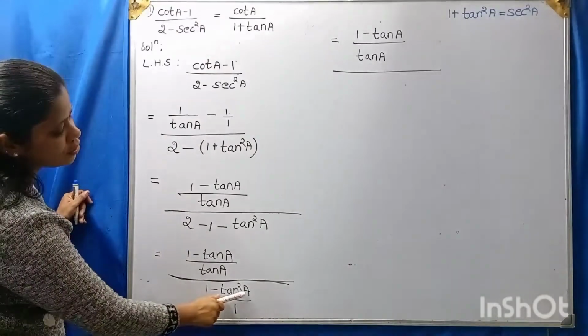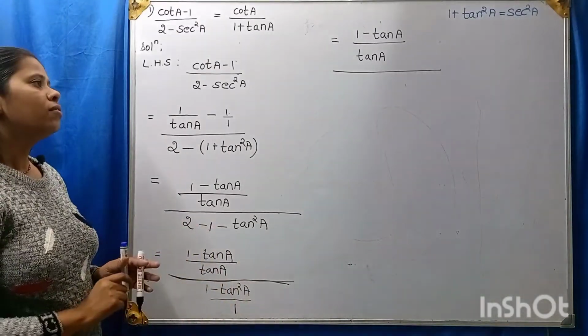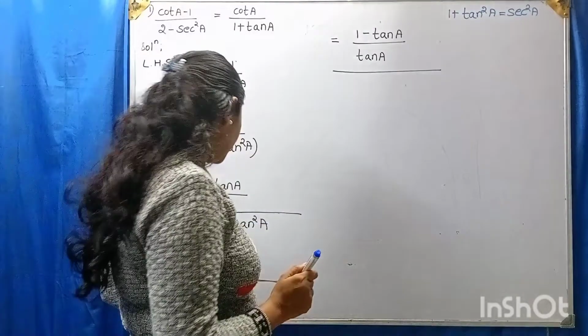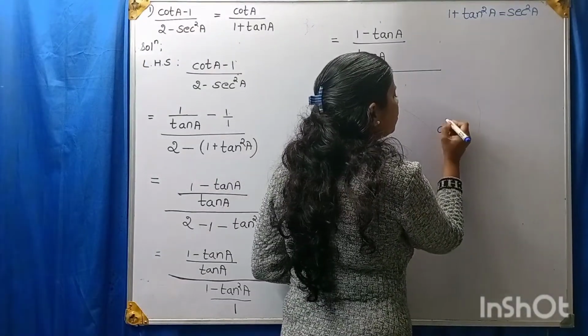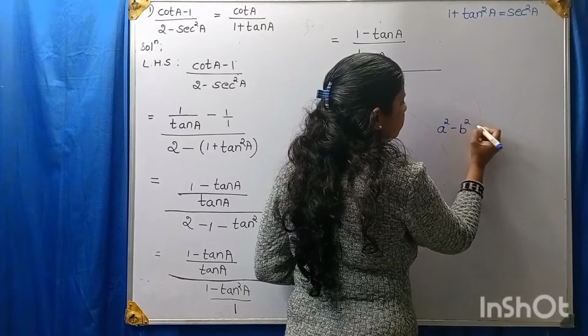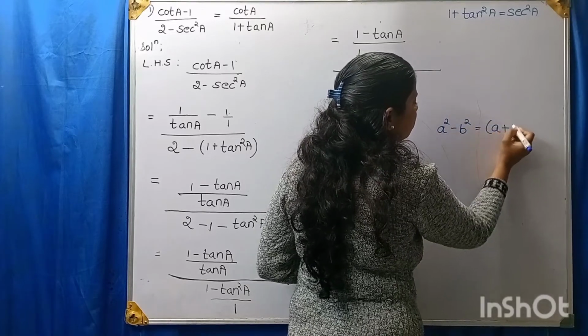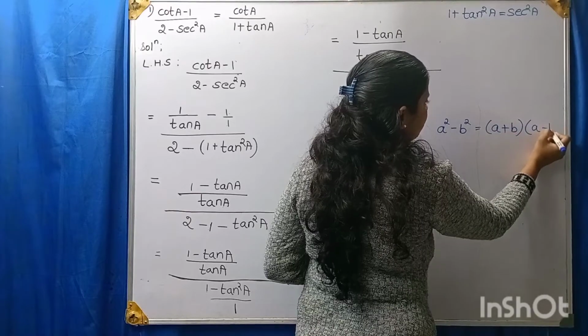1 minus tan square A. It is in the form of A square minus B square. Right? We know the formula. A square minus B square is (A plus B) into (A minus B).